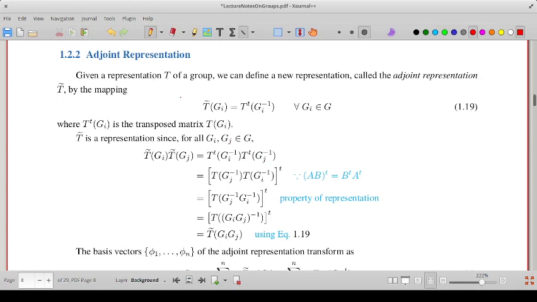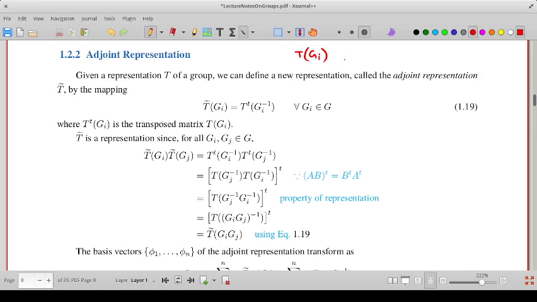Adjoint representation of a group. Suppose we have a group G and it has a representation T. That means for every group element Gi, there will be a representation matrix denoted by T of Gi.